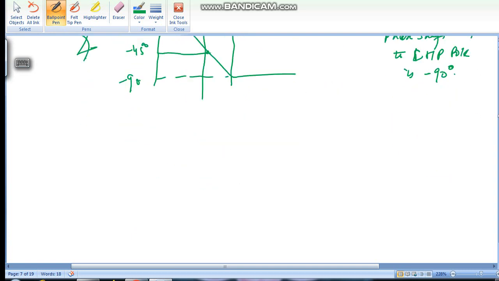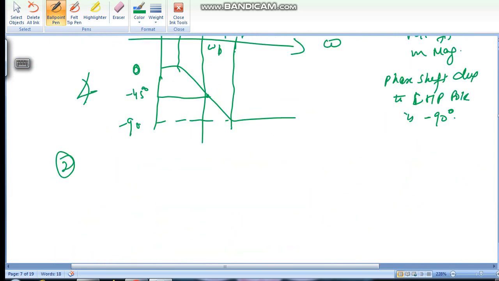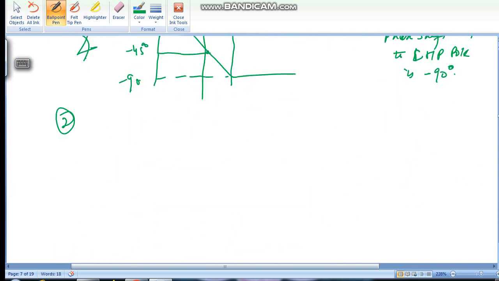Okay, now let's see the second. So this is the first. Now for the second we will see the left hand plane zero. In case of left hand, it is 1 plus s by omega z.